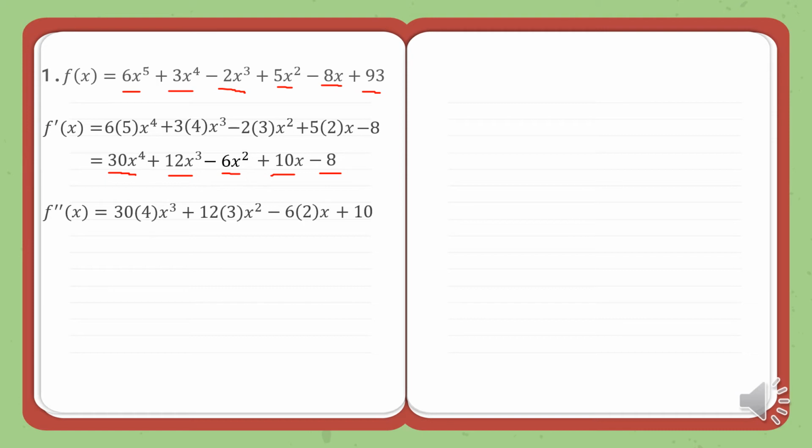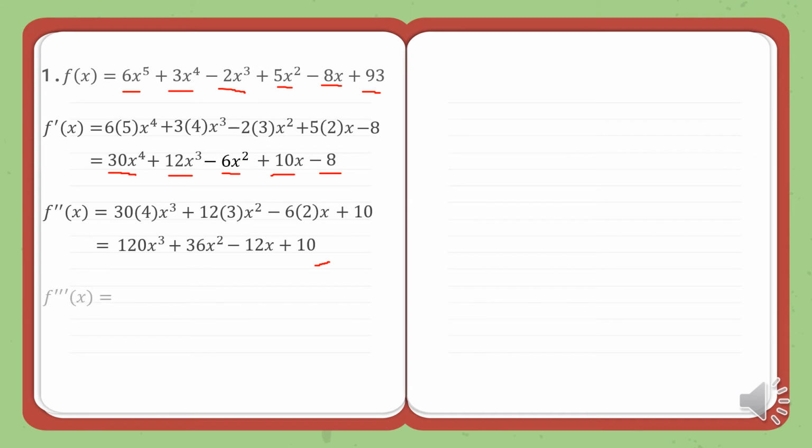Simplifying this, we'll get 30 times 4 is 120x raised to 3, plus 12 times 3 will have 36x squared, minus 12x plus 10. So it will be the second derivative. For us to find the third derivative, we need to find the derivative of the second derivative.